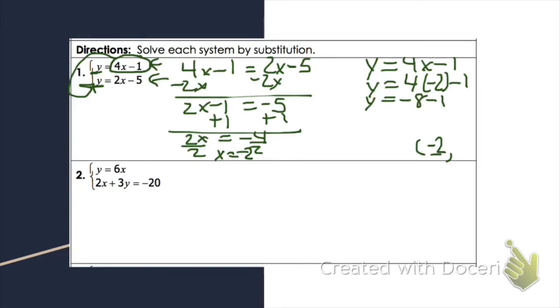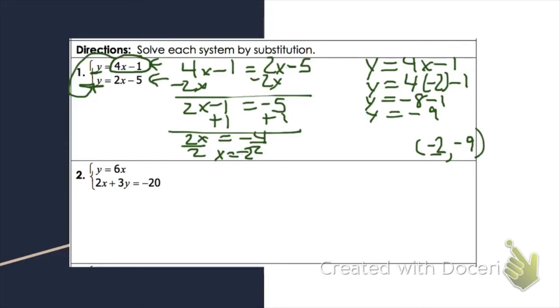I'm going to simplify that down further, and we get Y equals negative 9. So therefore, my Y value is going to be negative 9. And my answer, where my two lines will intersect, will be the coordinate value of negative 2 comma negative 9.